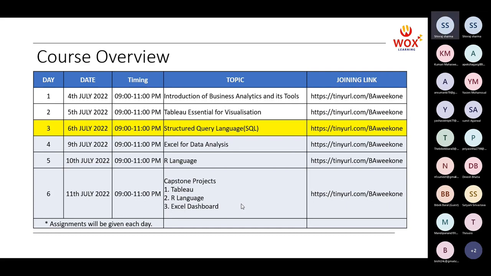There are 8 CSV or you can say 8 Excel files. I just shared them on the WhatsApp group. Download those files from the group.